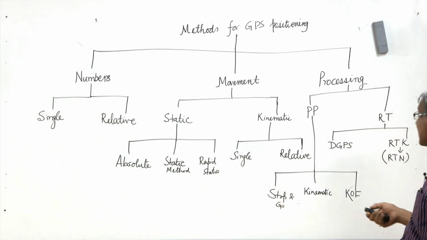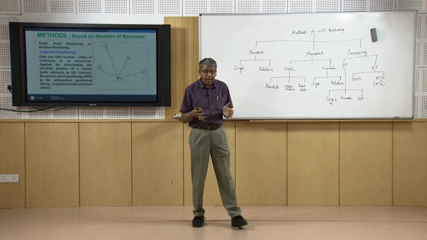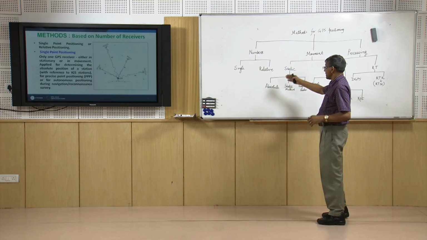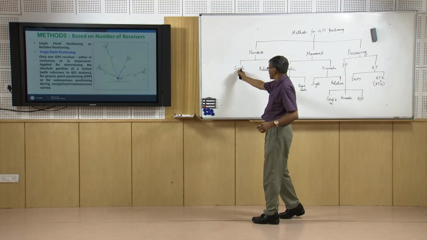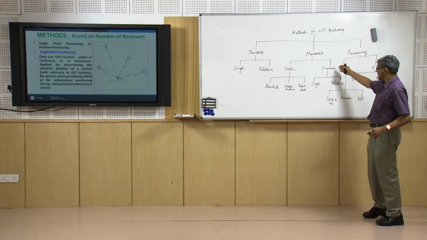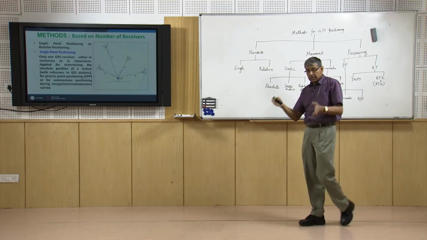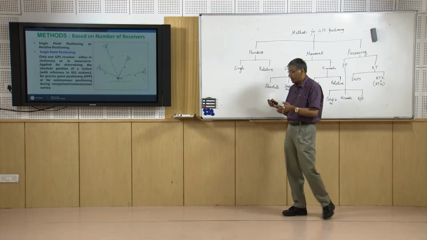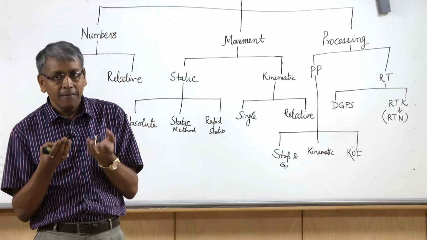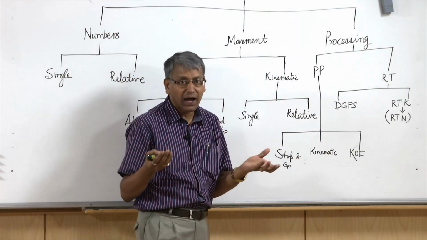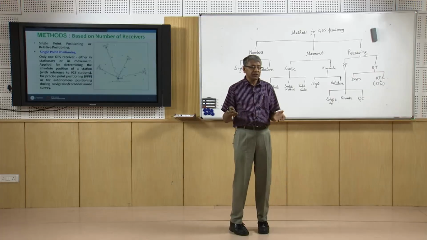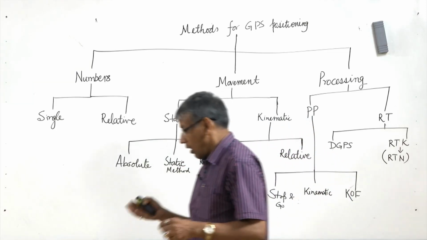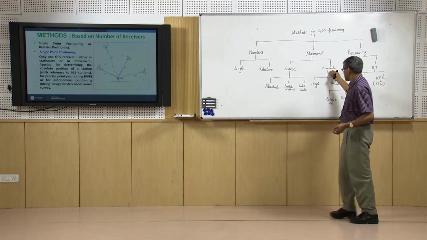So we can say that a single receiver may be in a static condition, that is called absolute static surveying, and if the single receiver is in kinematic condition, then it is called autonomous GPS surveying. Most of us who have a mobile with GPS generally make use of our mobile for navigation purposes, specifically in a city area or in an area where you do not know how to move around. So that is called autonomous positioning.